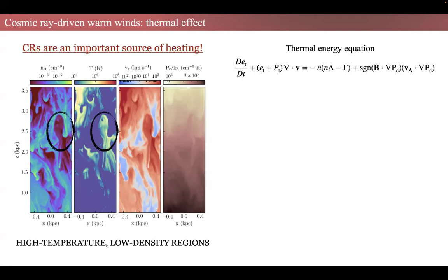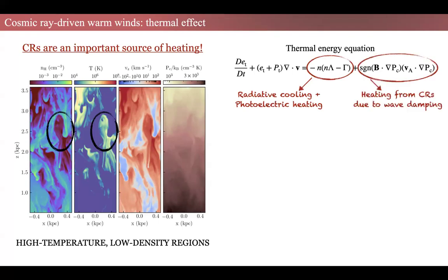In particular, in our simulations, we consider collisional radiative cooling, photoelectric heating, and heating due to cosmic rays. The underlying mechanism here is the one that I explained in one of the first slides. As scattering Alfvén waves are damped by several damping processes, there is a transfer of energy from the waves to the thermal gas.